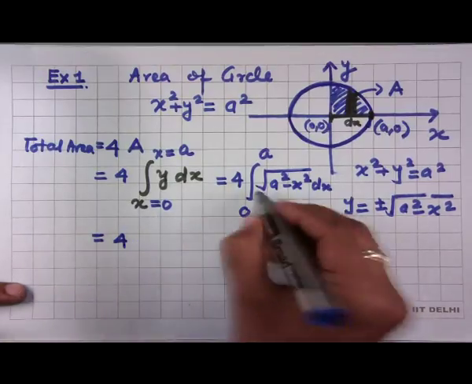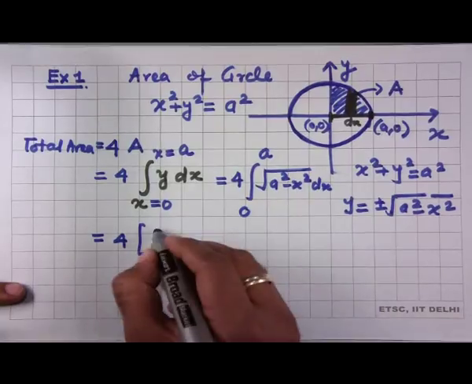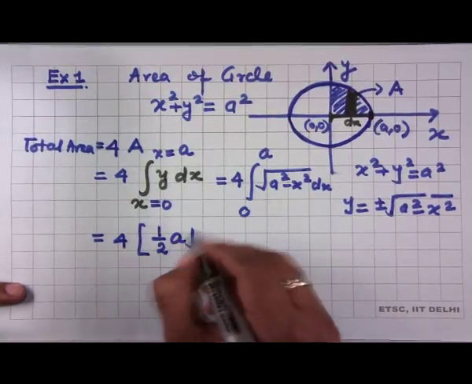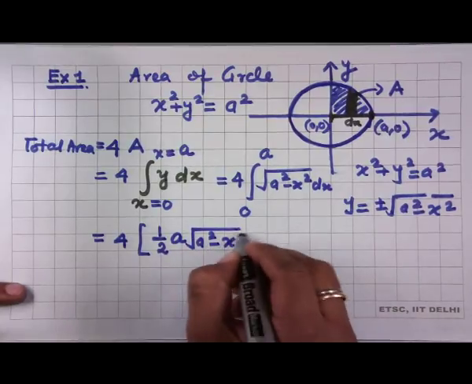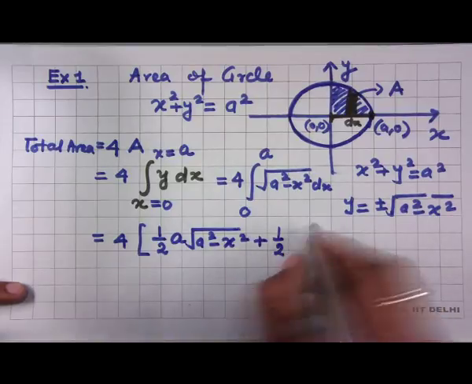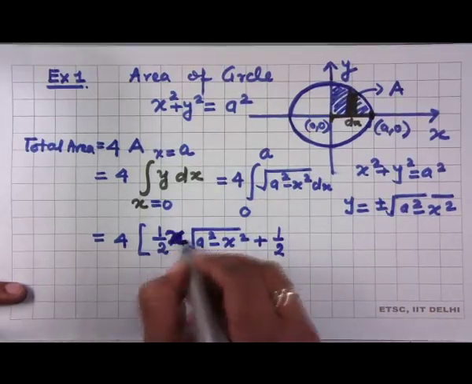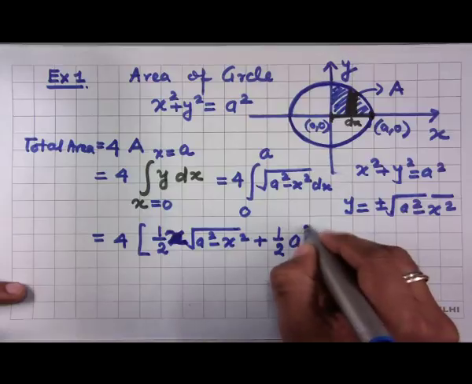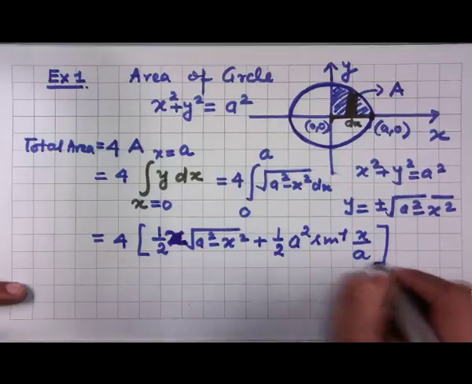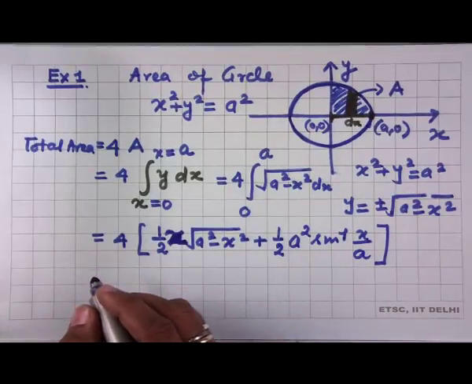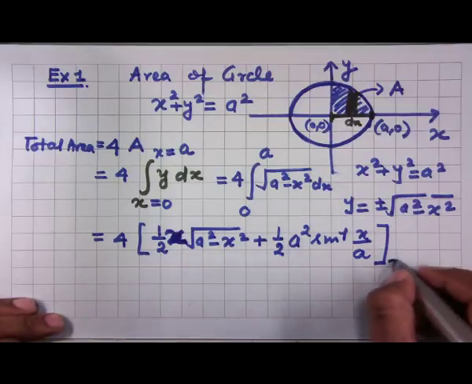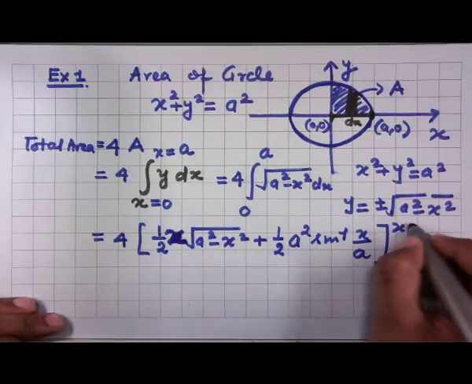Now integration of this is known to you, so you can directly put the value. This is x. So x goes from 0 to a.